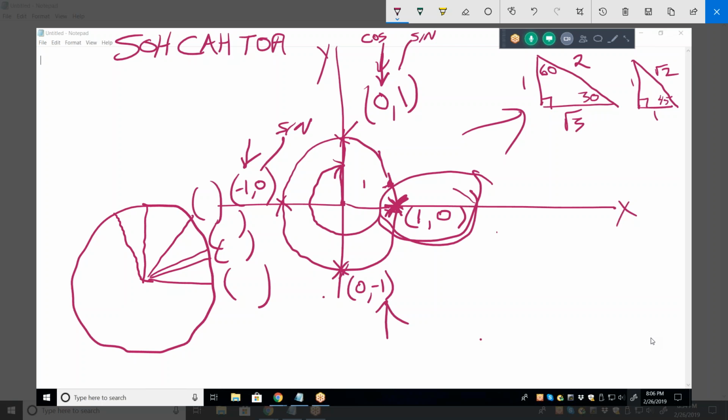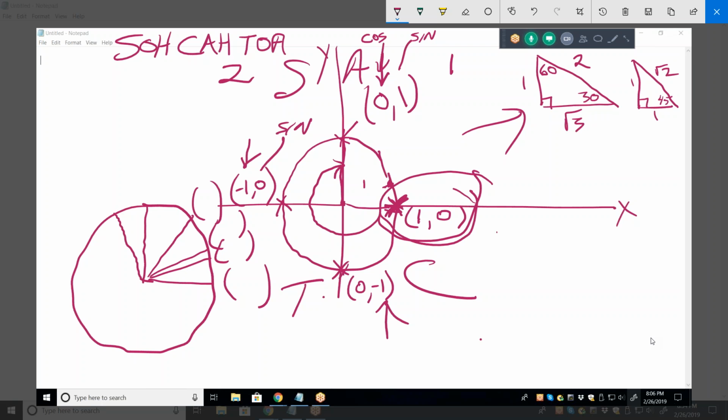Now, there's something that is very helpful, and that is figuring out this plus or minus sign on your trig functions. And there's a nice little acronym to figure that out. All students take calculus. What does that mean? That means in quadrant number 1, all 6 trig functions are always positive.